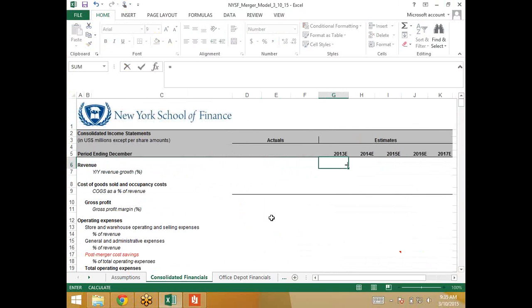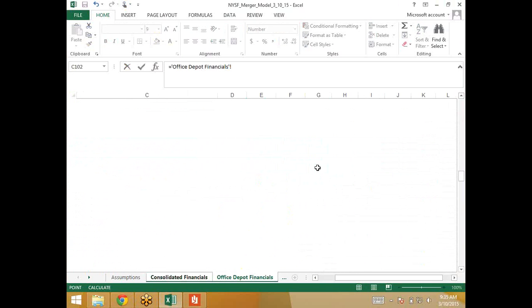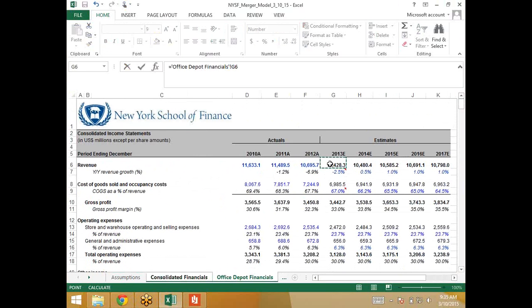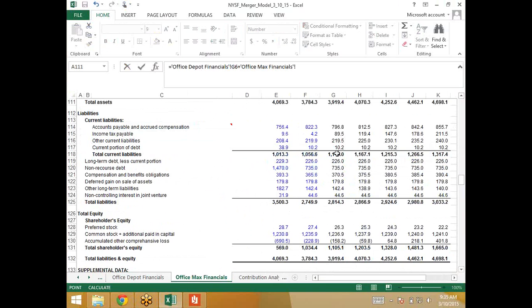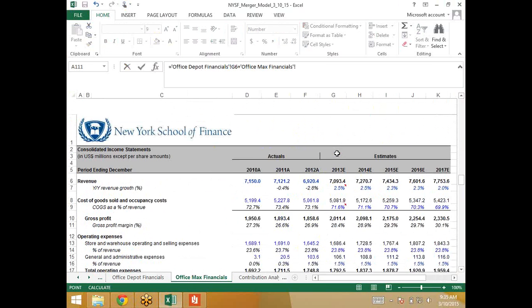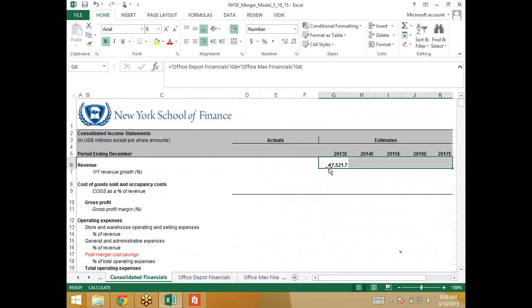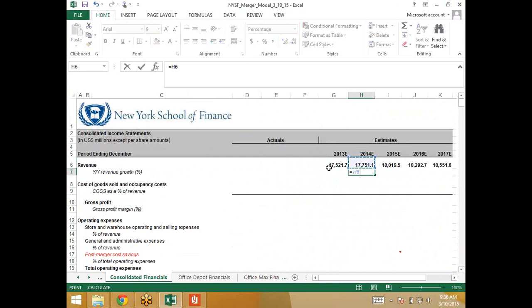So revenue is simply going to be equal to Office Depot revenue plus target company Office Max revenue. Copy that to the right. Now we can calculate the year-over-year growth, 2014 divided by 13 minus 1.